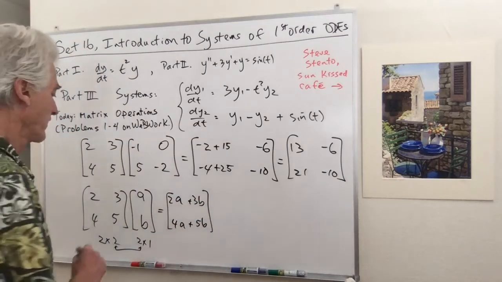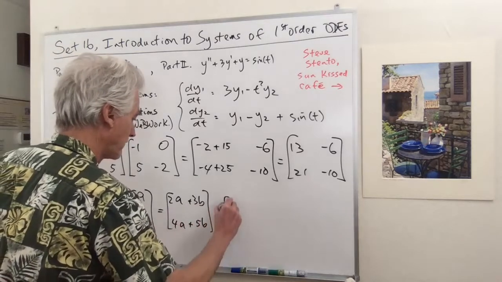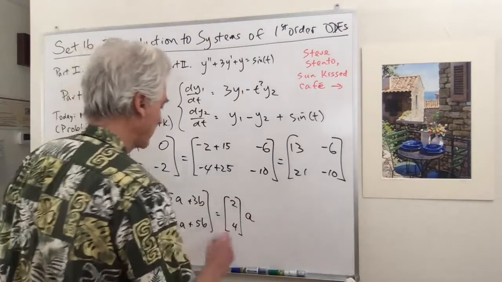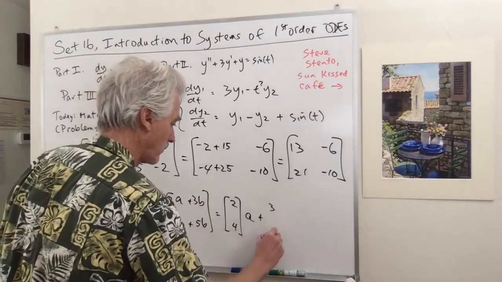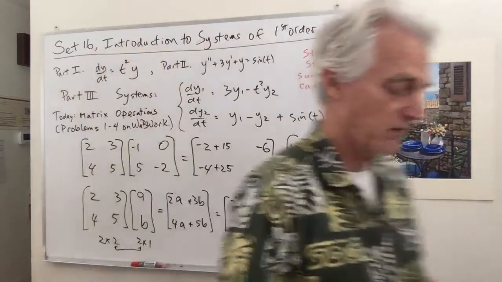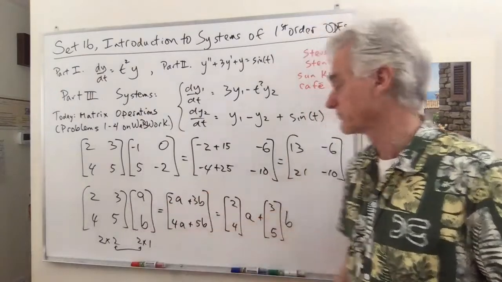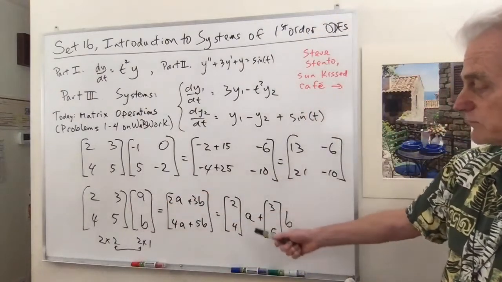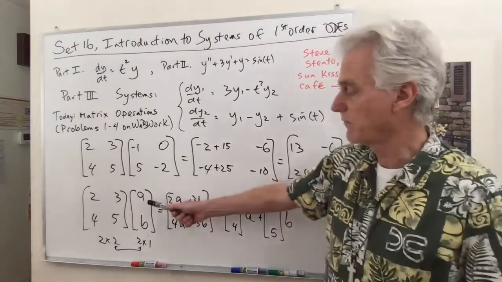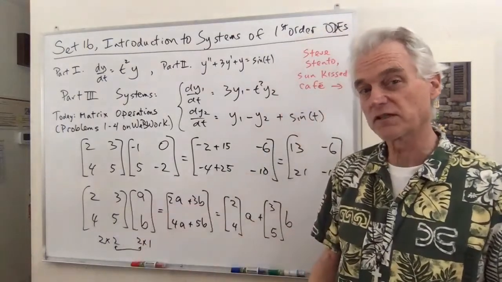Okay. There's another way of thinking about this, which is useful. I can think of this special case of a square matrix times a column vector as taking a linear combination of the columns of that square matrix, right?